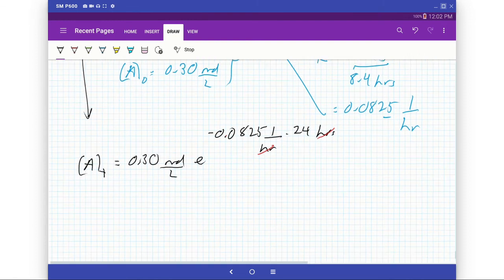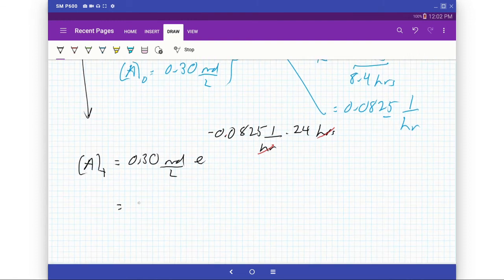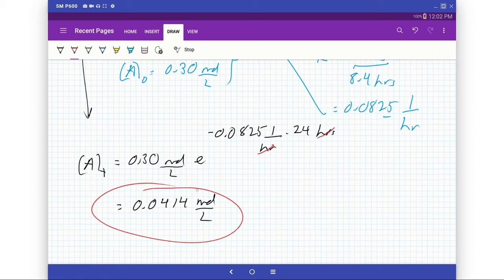And when you do the mathematics, what you get is 0.0414 moles per liter. And that 4 is not significant either. I'm limited to 2 significant digits.